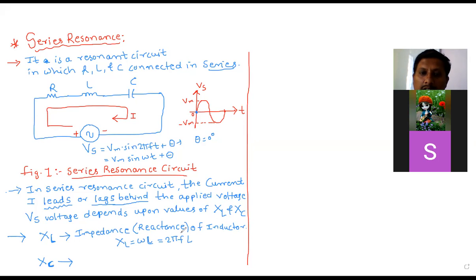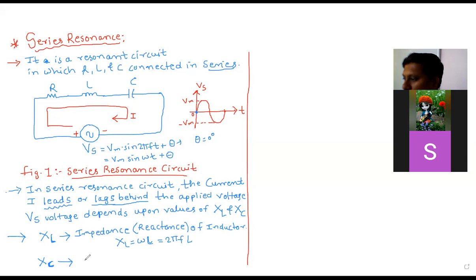Are you getting my point? If f is infinite, XL is also infinite. If impedance is infinite, it is an open circuit; if impedance is 0, it is a short circuit. This is a very important concept we are going to discuss in this chapter. This chapter is very, very important. It will be helpful for the NTA subject as well as for the analog communication subject.